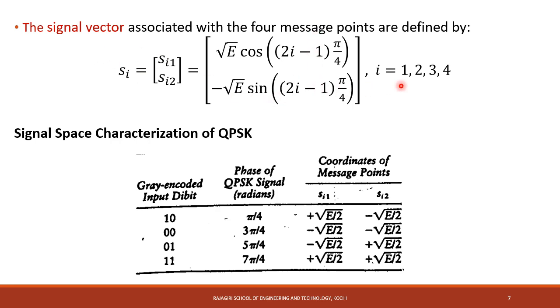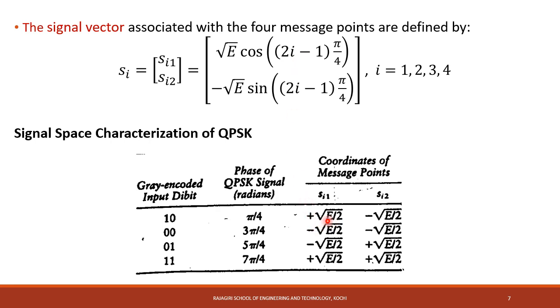So corresponding to i equal to 1, that is corresponding to the first symbol, suppose 1, 0 is the first symbol. Corresponding to that first symbol, the coordinates of the message point are, when you substitute i equal to 1, root E cos of (2 minus 1), that is cos of pi by 4. So root E into cos pi by 4 is root E by root 2, that is plus root E by 2.